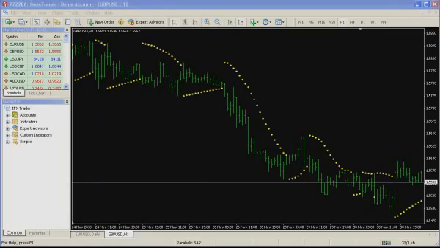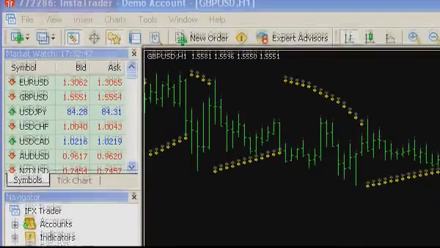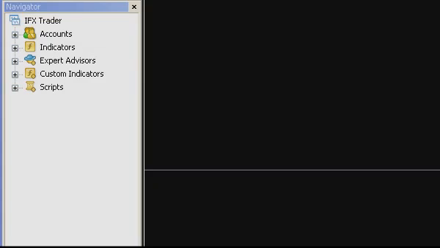The trading platform InstaTrader supports a great number of indicators and oscillators, including the parabolic SAR indicator. It is very easy to plot the parabolic on the chart of the chosen tool in InstaTrader.